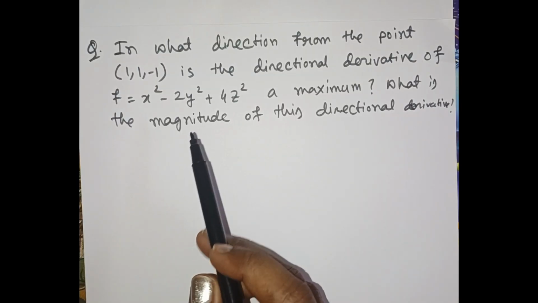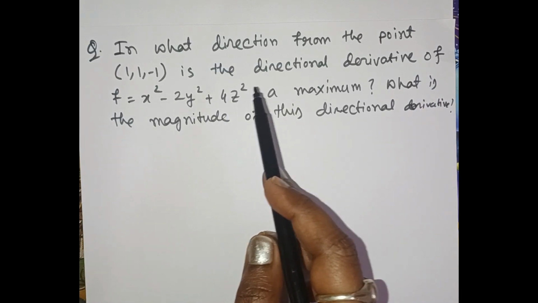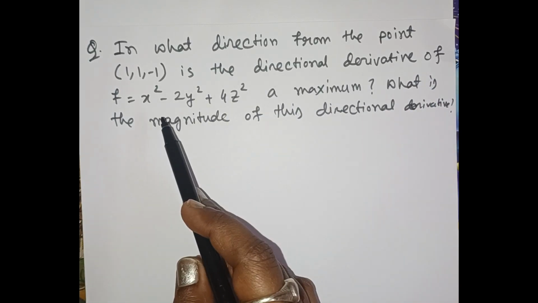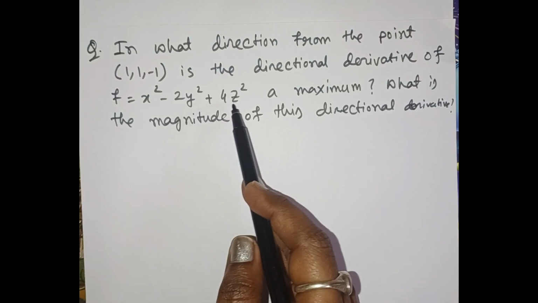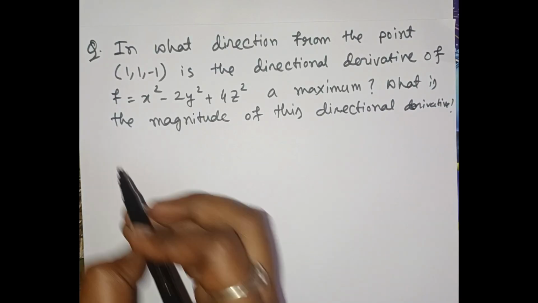Now next question, in what direction from the point (1, 1, minus 1) is the directional derivative of f, x square minus 2y square plus 4z square, a maximum, and what is the magnitude of the directional derivative?